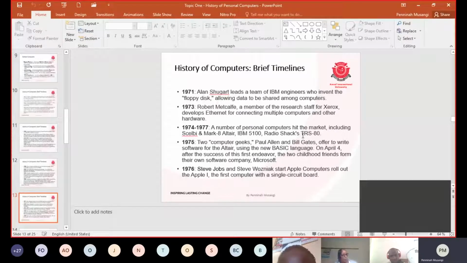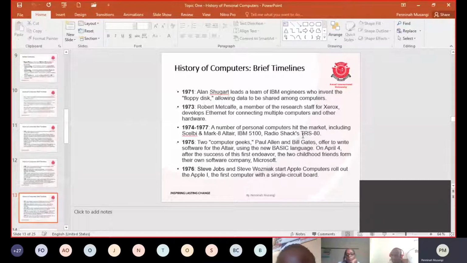People today know Microsoft as owned by Bill Gates, but actually it's a company which was owned by Paul Allen and Bill Gates, and they started their friendship from this time when they wrote software for that computer.